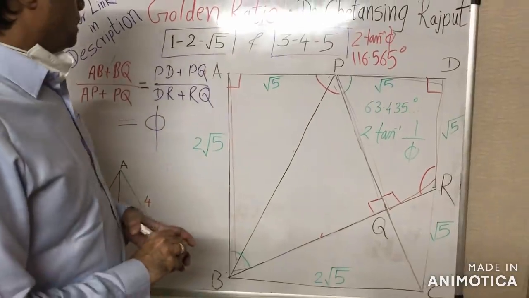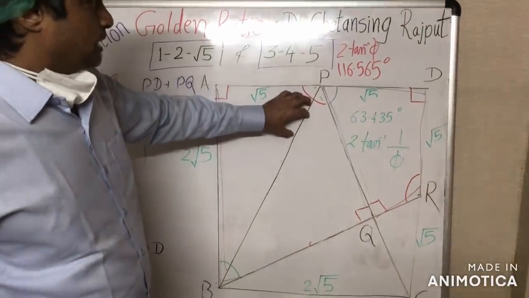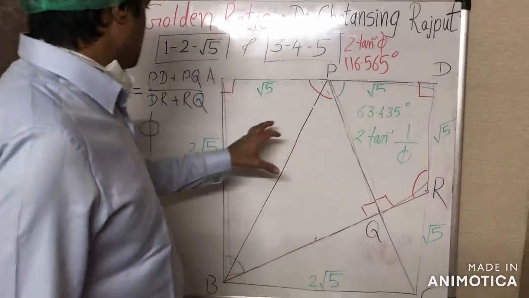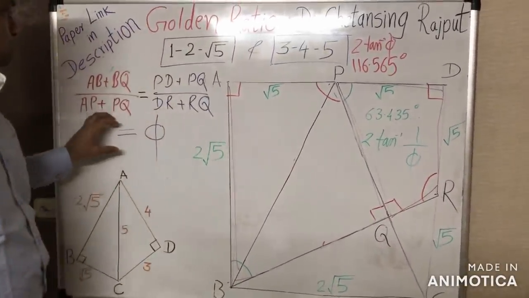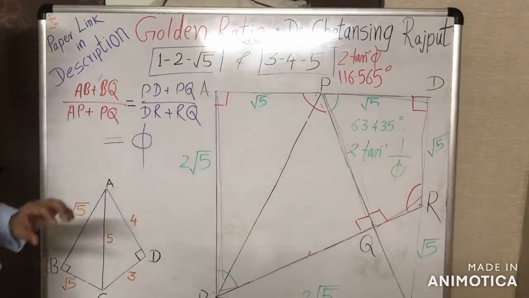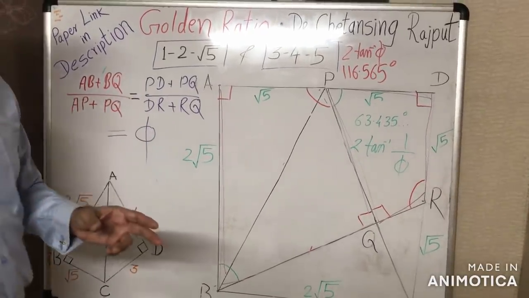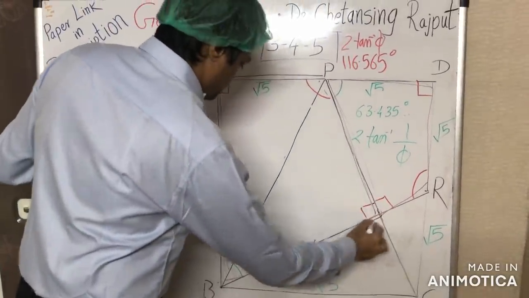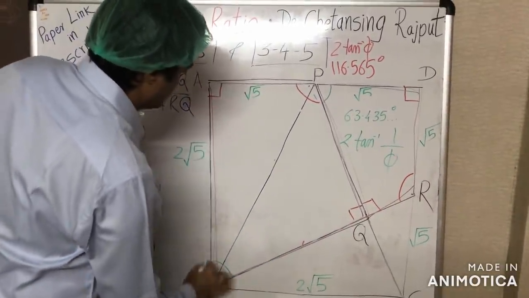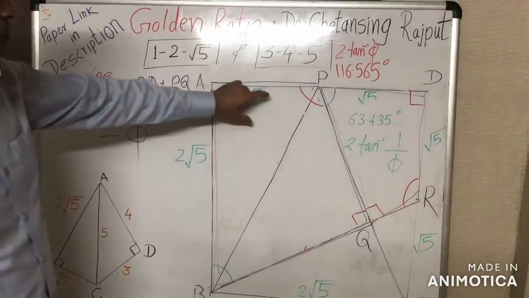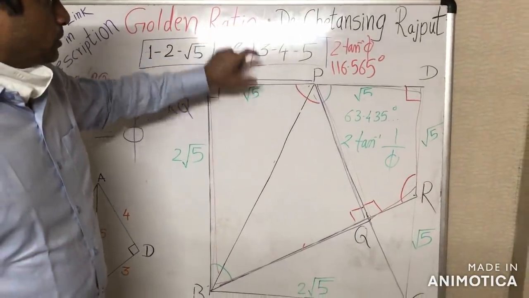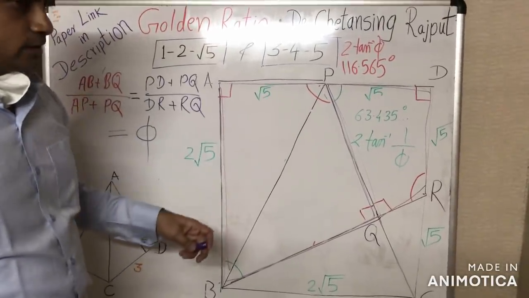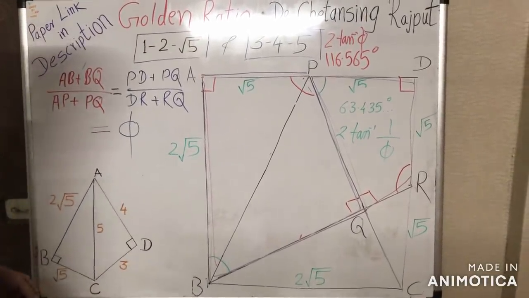Alright, it's not just the angles of this quadrilateral, but the side length proportions of these two quadrilaterals are the expression of the precise golden ratio. In other words, consider this quadrilateral A, P, Q, B. What we have seen is the golden proportion between the angles as well as the corresponding sides of this quadrilateral. We can say it in other words also.